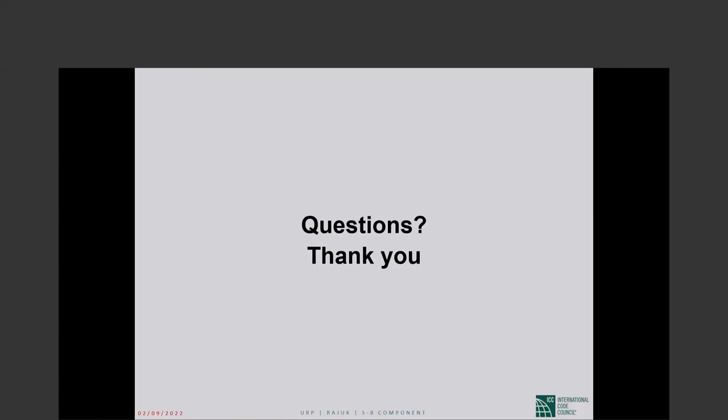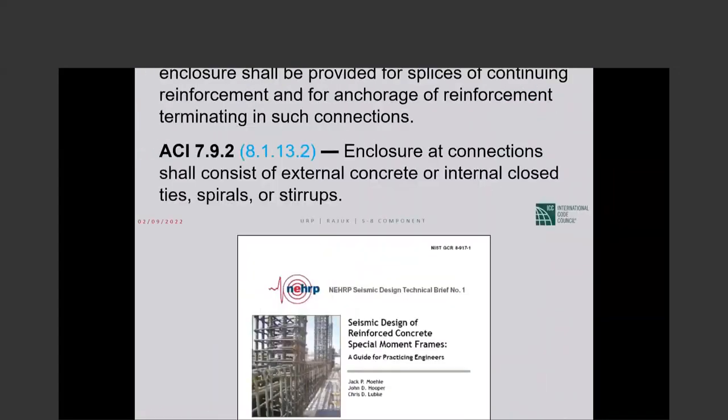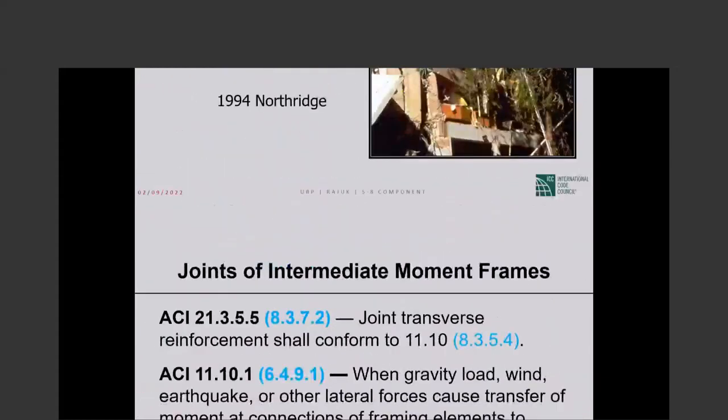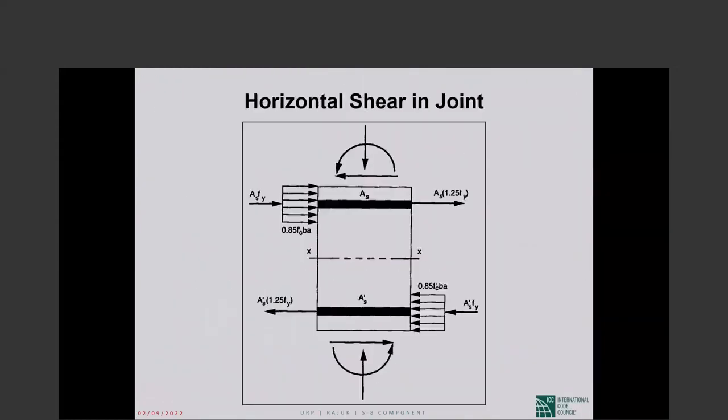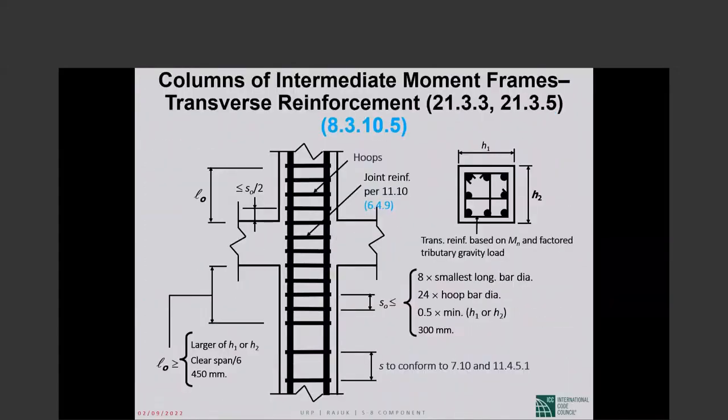Okay, so transverse reinforcement, the confinement reinforcement, how much you need is given by those formulas that I have been pointing out, giving you minimum cross-sectional area.